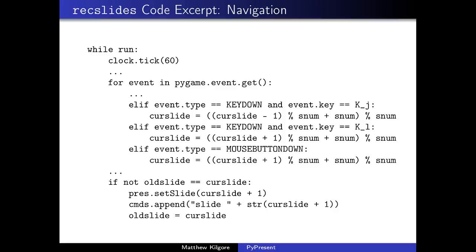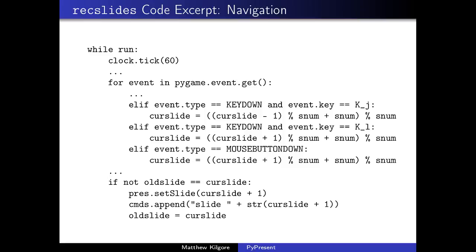And this here is just a bit of code to navigate through the slides. We pull the events from Pygame, and if there is a necessary key down event, we advance the slides as necessary. And if we change the slides, we simply set a new slide and add that to the log.